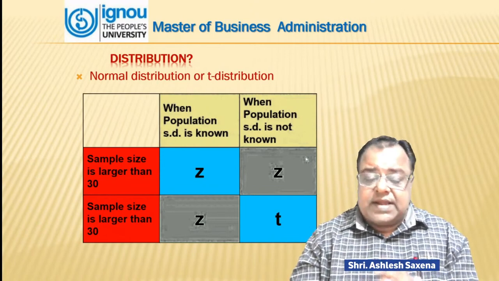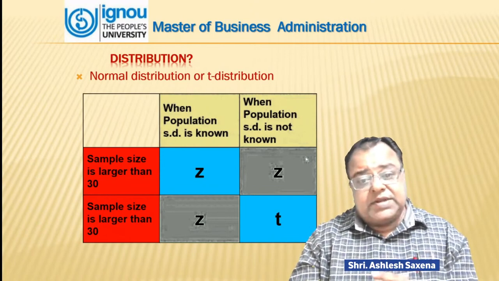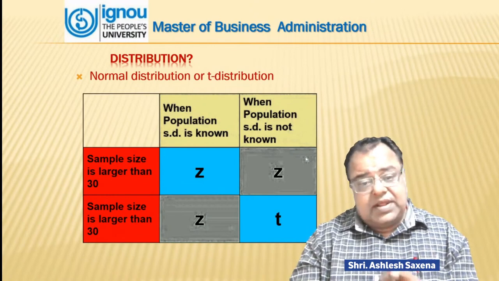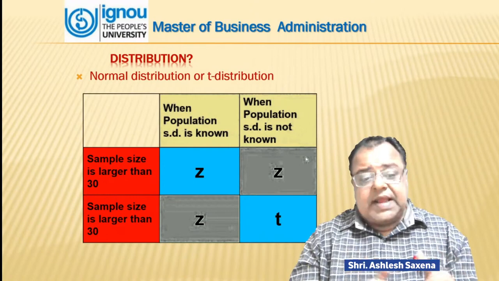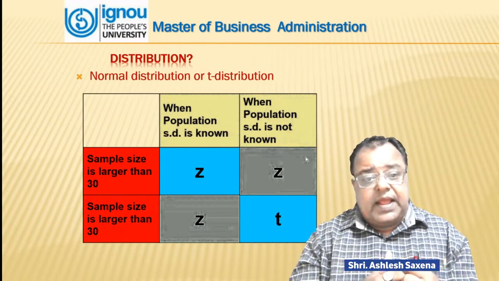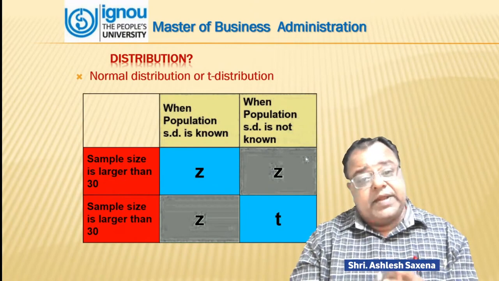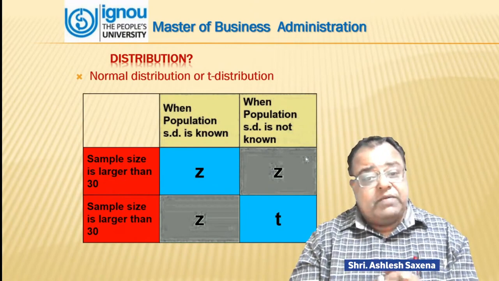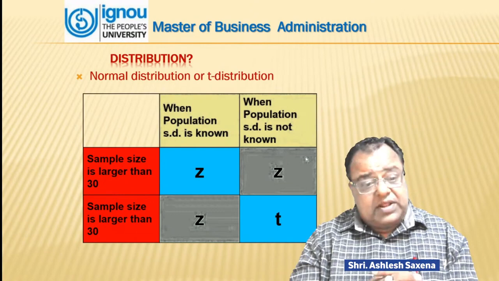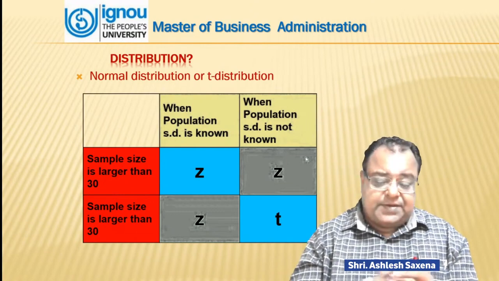Similarly, if the sample size is larger than 30 and the population SD is not known, again we apply Z. And in the fourth case, when the sample size is small and the population SD is not known, we apply the t test.